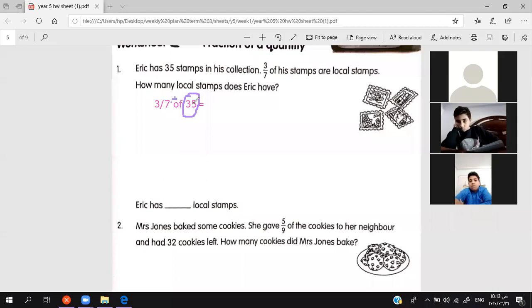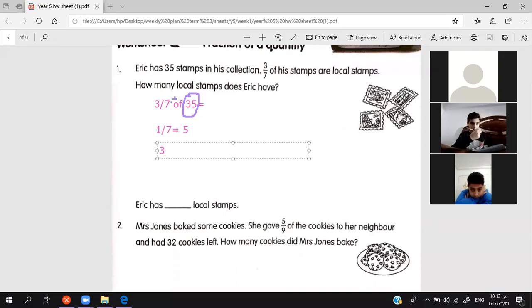But he wants 3 groups from the 7, not only one group. So the 1/7 gave 5, but he doesn't want 1/7, he wants 3/7, 3 parts from the 7.